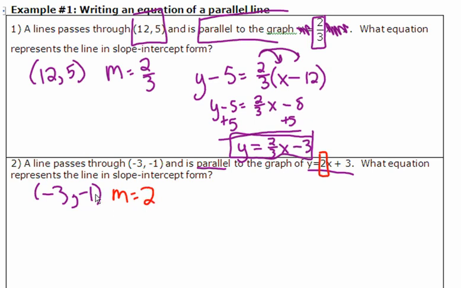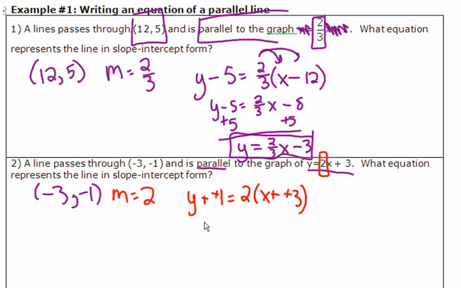Since I have a slope and a point, I'm now going to write it in point-slope form. So I have y minus my y1, so minus negative 1, equals the slope times x minus x1, and my x1 is negative 3. Remember, minus negatives make plus positives, so I'm going to switch those.